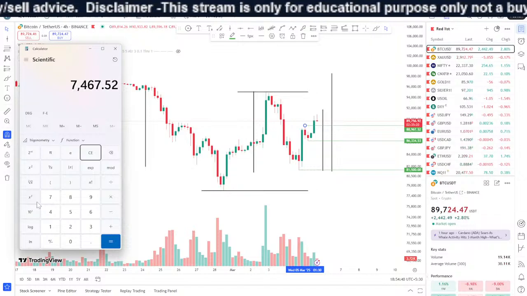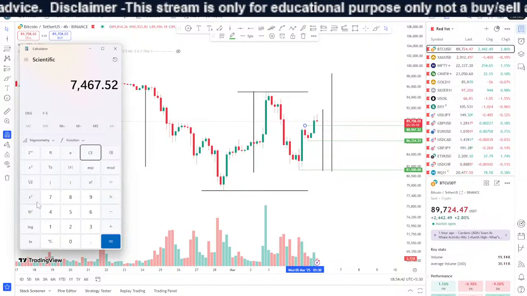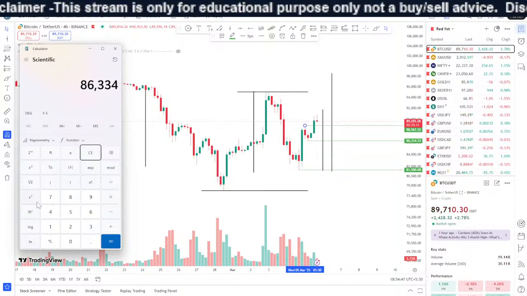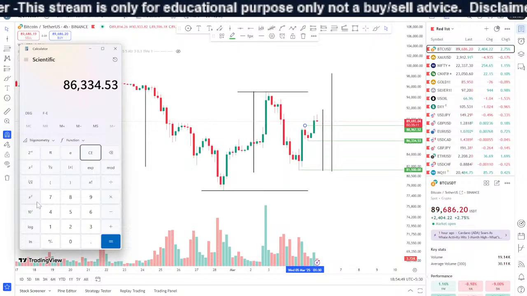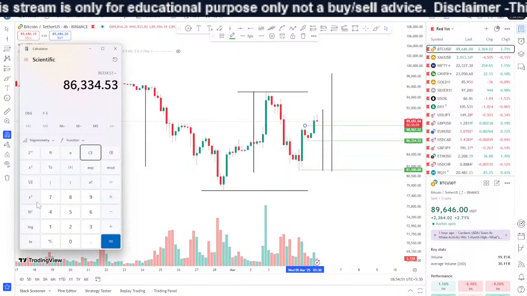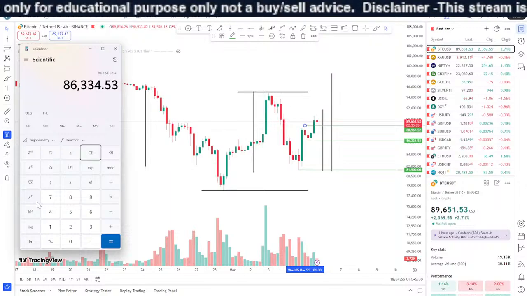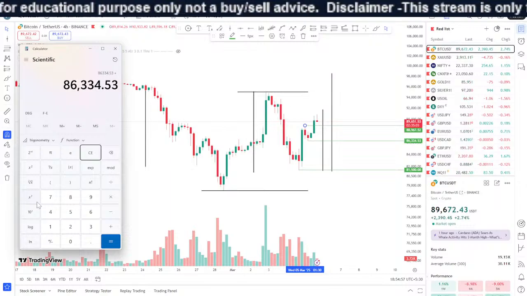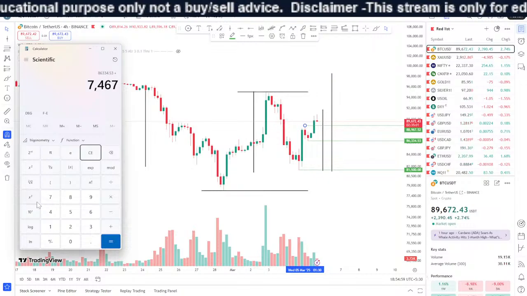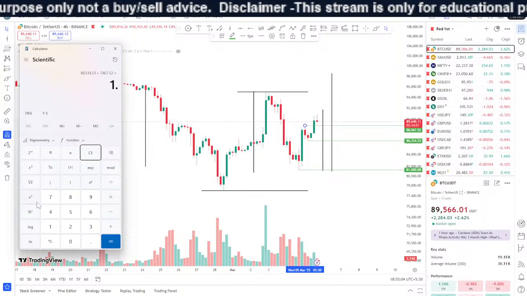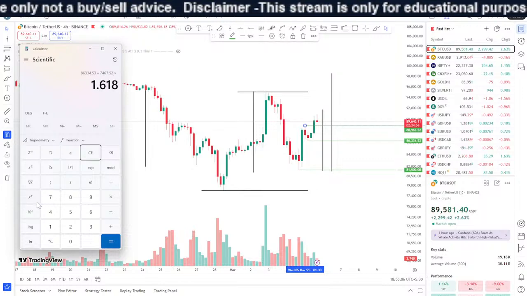What is the next thing that I will be looking for? The retracement point, 86,334.53. Movement is bullish, so we will add: open bracket, the formulative number 7467.52 into 1.618.